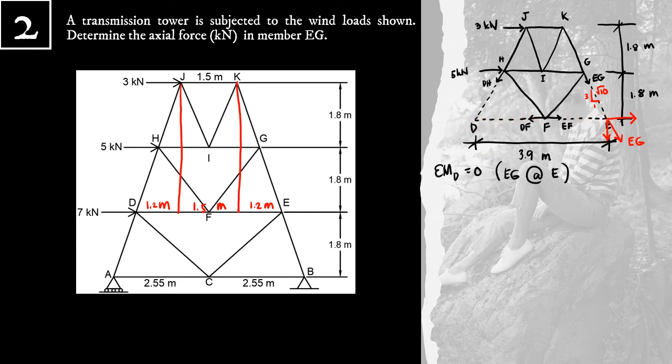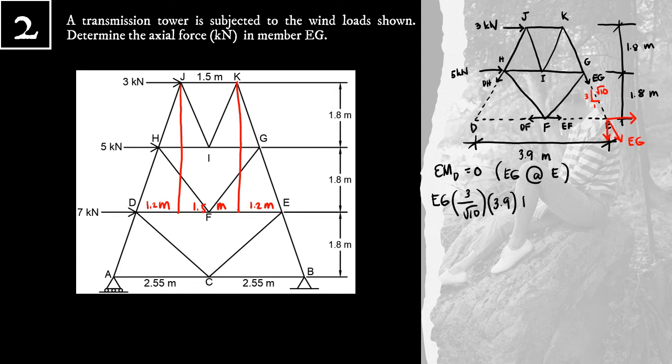So, EG, considering vertical component, we have 3 over square root of 10. Its moment arm about point D is 3.9 meters. And it tends to rotate clockwise, so positive.